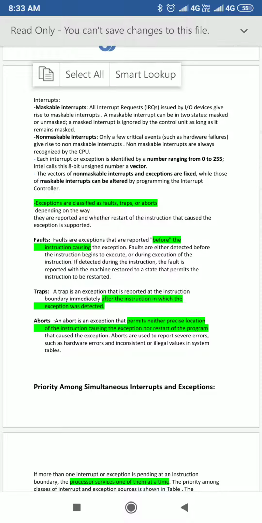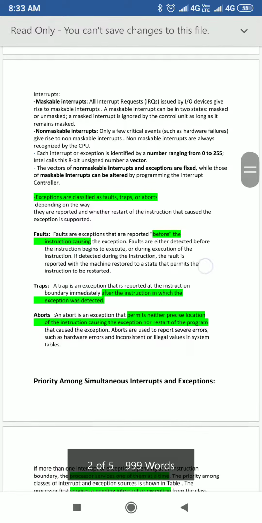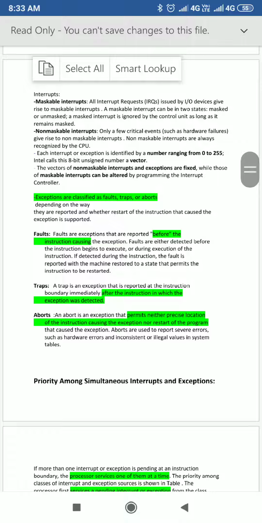The INT instruction of the 80386 can be used to invoke one of the 256 interrupts. That means a software interrupt can be generated from 0 to 255 interrupt type.